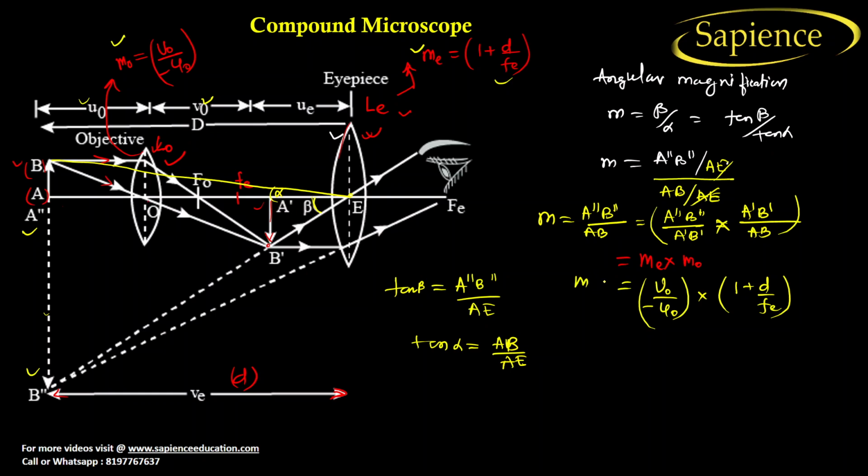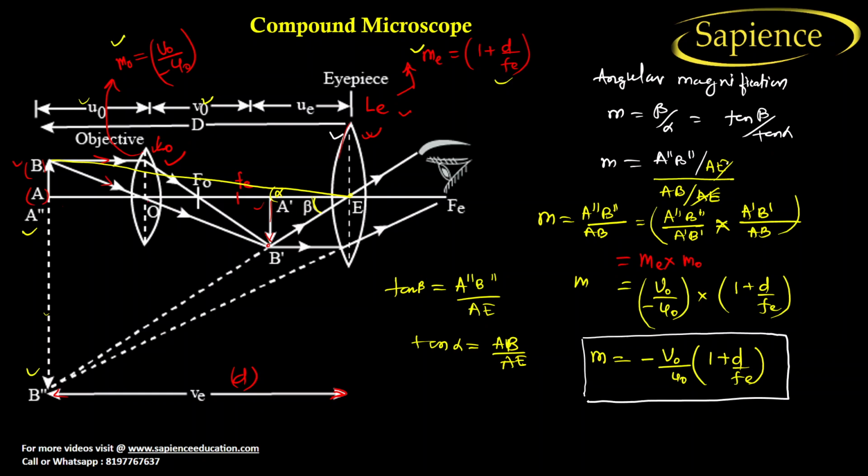So finally we have magnification is equal to minus v naught by u naught into 1 plus d by fe. So this is the derivation for the compound microscope. So I hope you have understood this formula, okay.